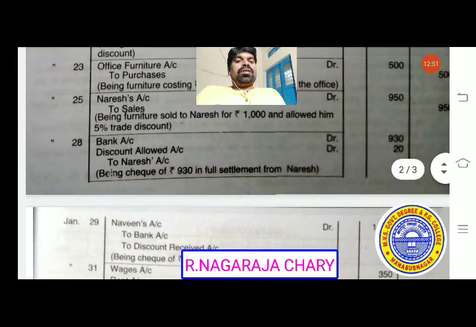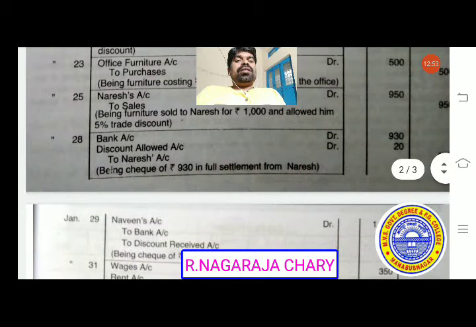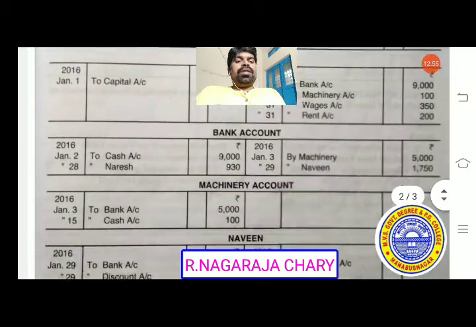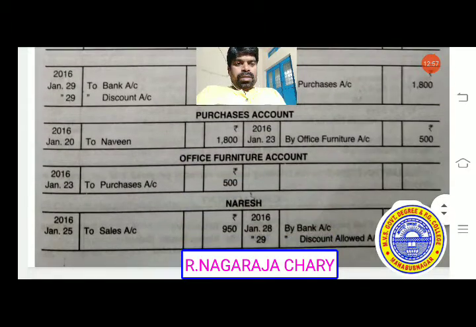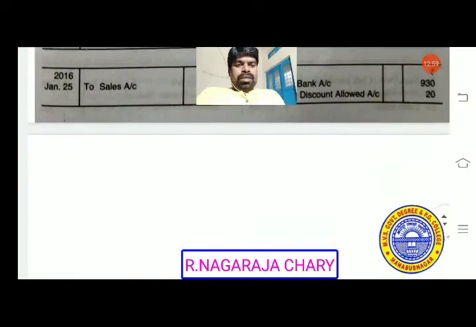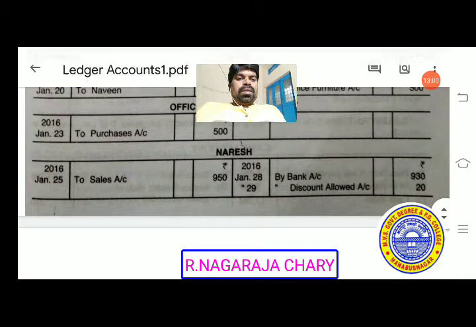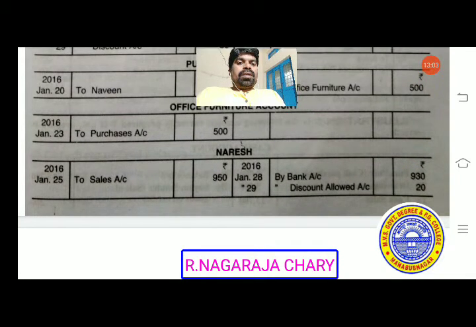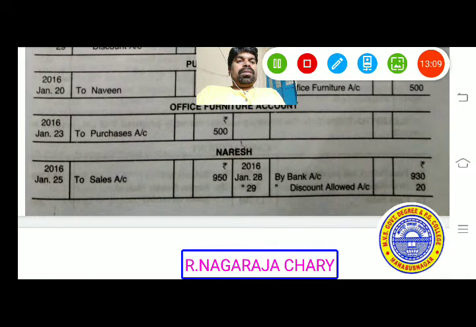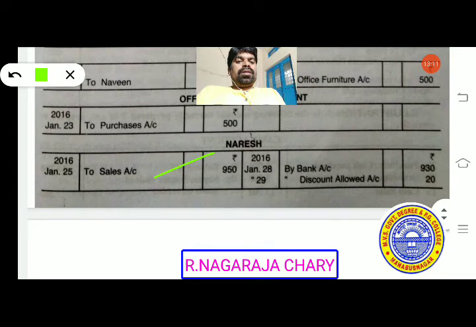After office furniture, Naresh account debit to sales account, right? Here you see Naresh account to sales account, that is 950 rupees. This 950 rupees is recorded on the debit side of Naresh account.